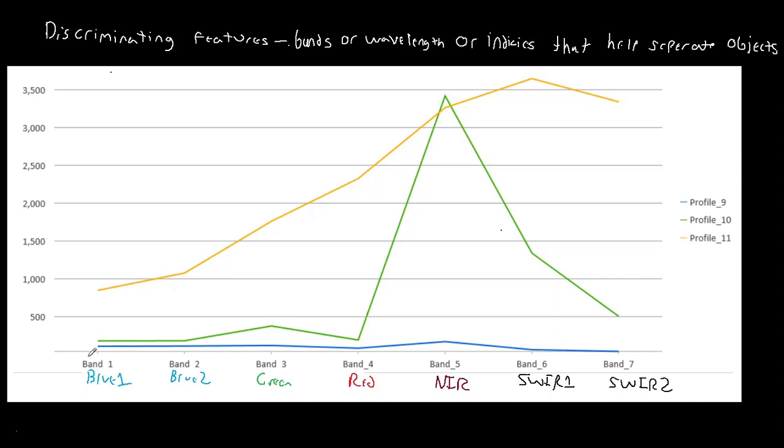I want to go through these distances and how they relate to the grayscale values of each band in the image. So we're going to scroll down here.